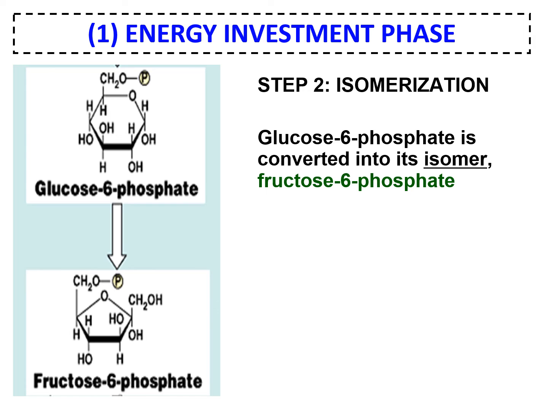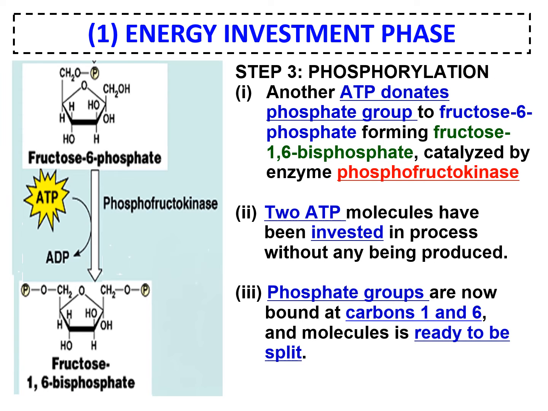So glucose 6-phosphate is converted into its isomer, fructose 6-phosphate. Another phosphorylation in step 3, ATP donates a phosphate group to fructose 6-phosphate, catalyzed by the enzyme phosphofructokinase. So during the energy investment phase, 2 ATP molecules have been used.